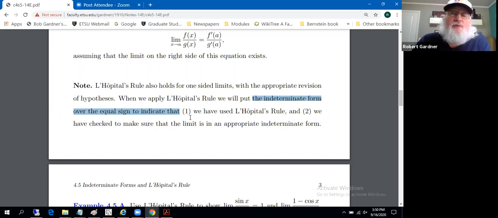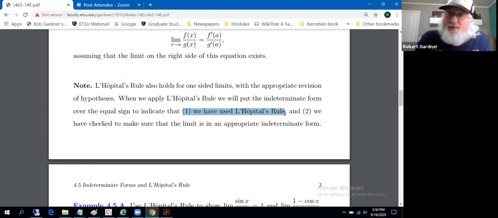That accomplishes two things. It indicates to the reader that we've used L'Hopital's rule, because it won't always be very clear how those two limits are related unless you get some indication that you've used it.